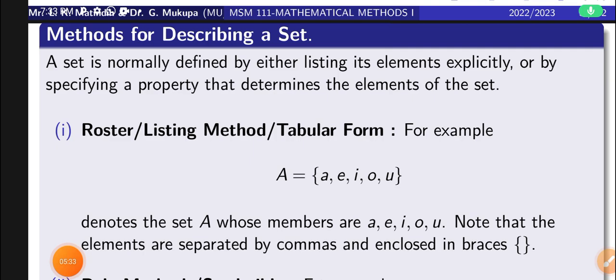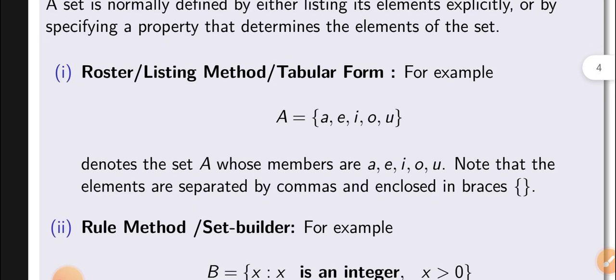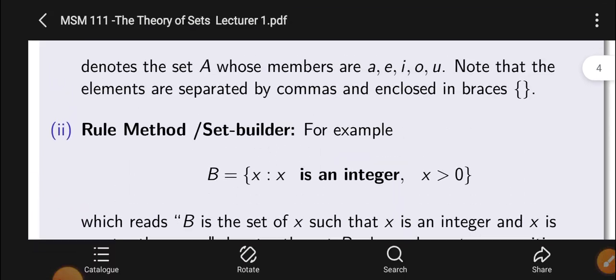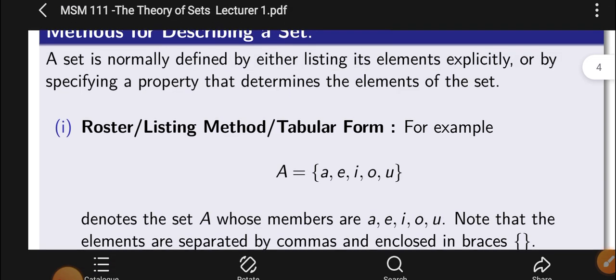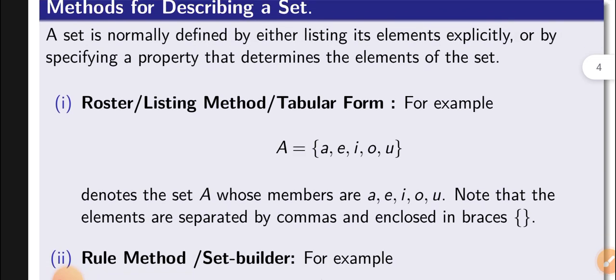I'm trying to be a bit fast. I don't want this video to be so big, because it will consume a lot of data. So, methods of describing a set. We have two methods of describing a set. A set is normally defined by either listing its elements explicitly or by specifying a property that determines the elements of the set.